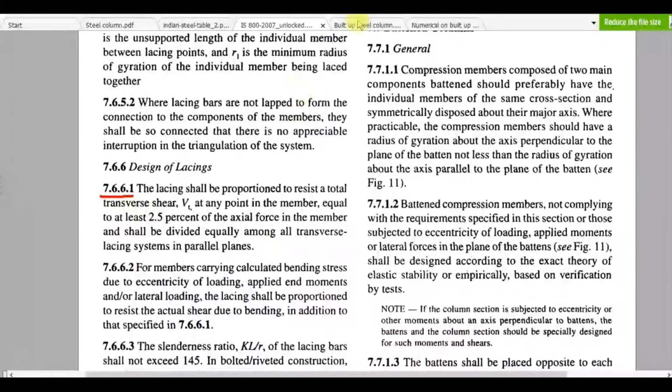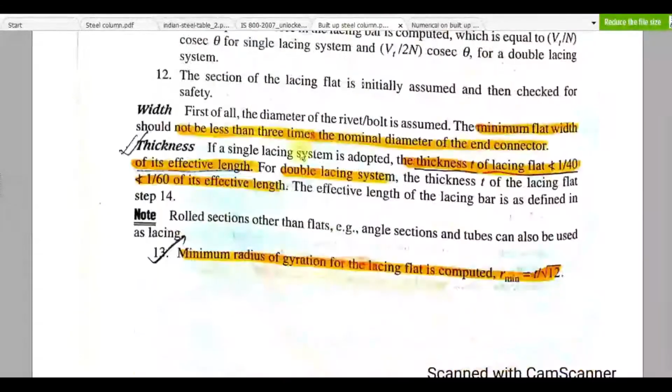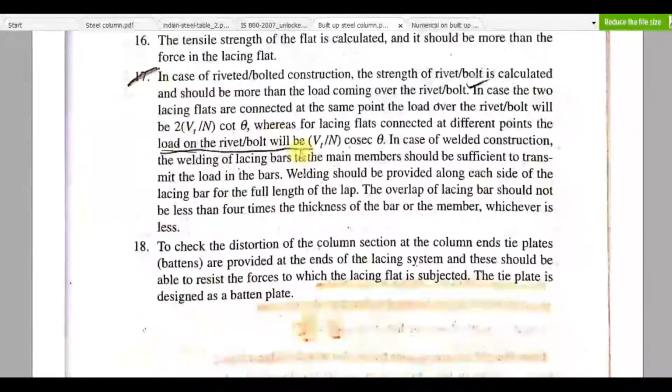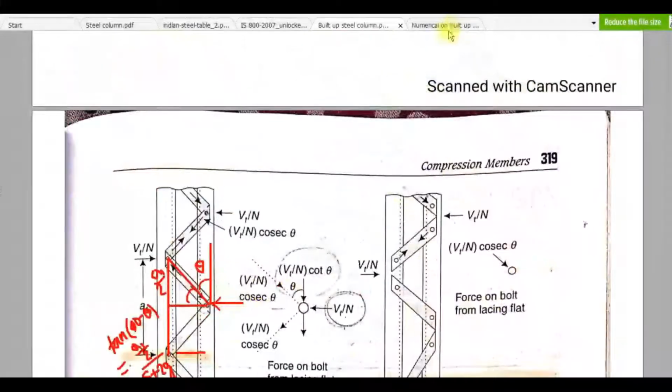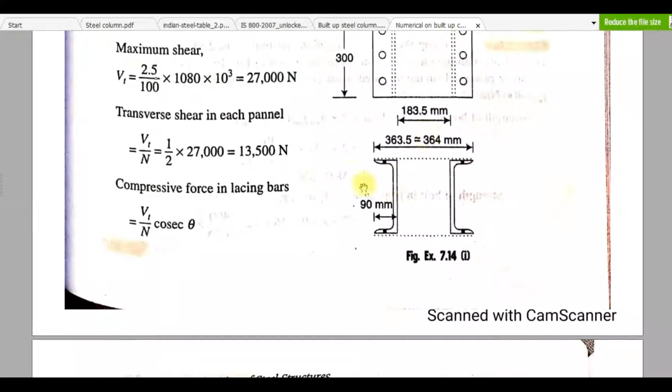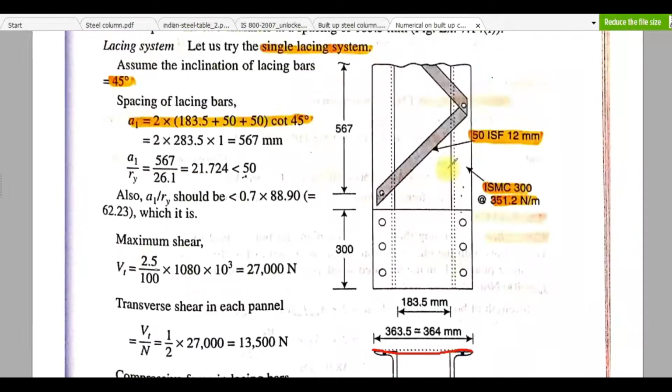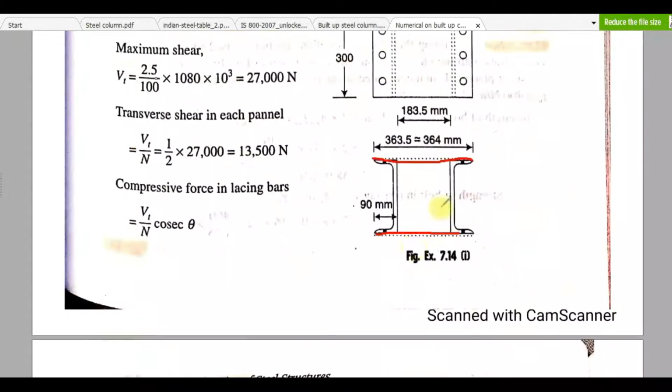What does it mean? The picture is here, you can see. You have to place these two channel sections like this, back to back, and the lacing will be provided on these surfaces, here and here. The lacing will look like this on the two planes, on this side and on this side.